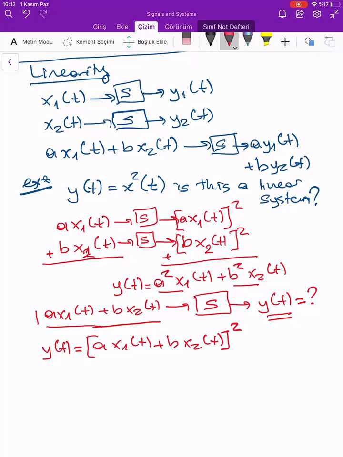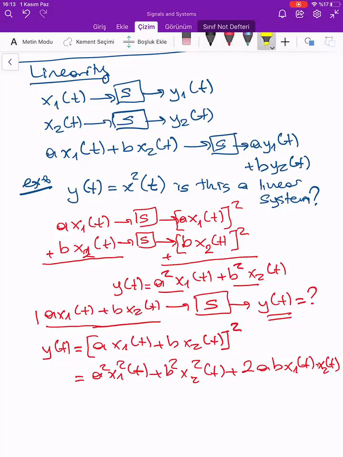So what is the output here? It is a squared x1 squared of t plus b squared x2 squared of t plus 2ab x1 of t times x2 of t. Are these two things equal to each other?